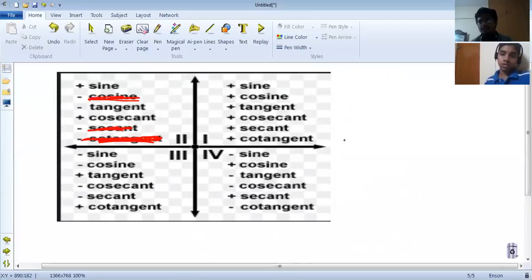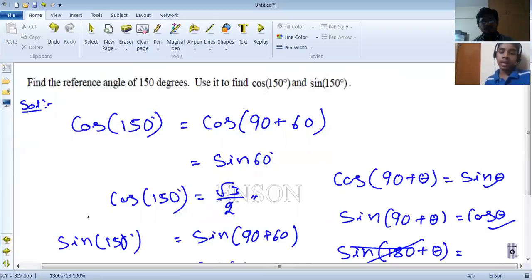Tan is sine by cos only, so you need to divide the sine and the cosine.